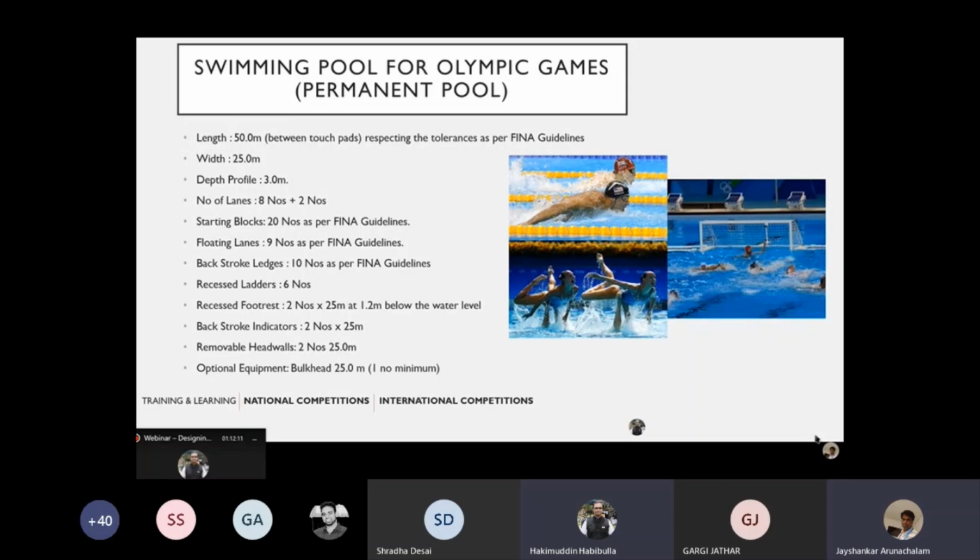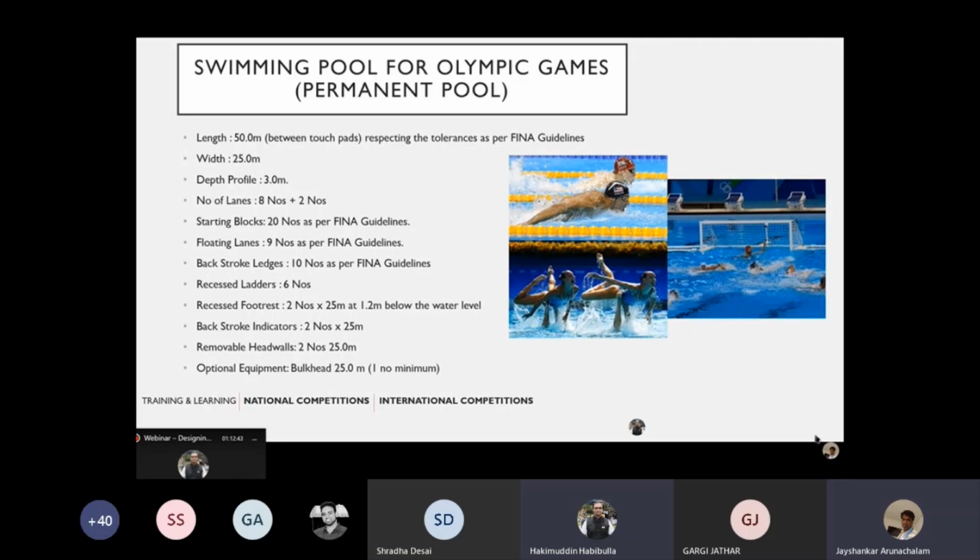So there's a special mention on the permanent pool because, as we highlighted in the last webinar, MYRTHA does build swimming pools for special events, and an example of that was the Rio Olympic Games, where the main swimming pool was a temporary pool, which was immediately dismantled after the games and reinstalled in a community for permanent use.